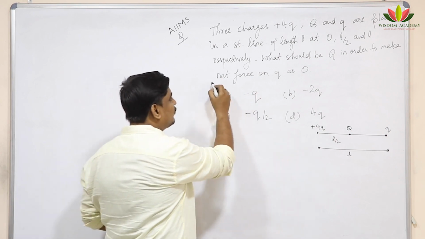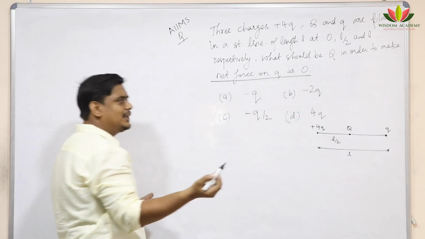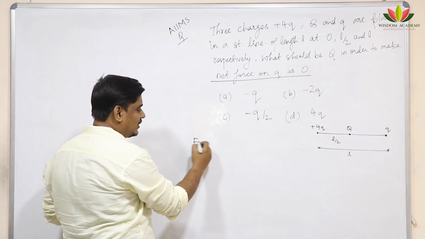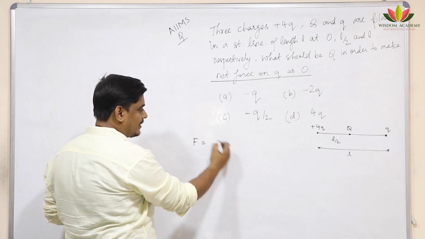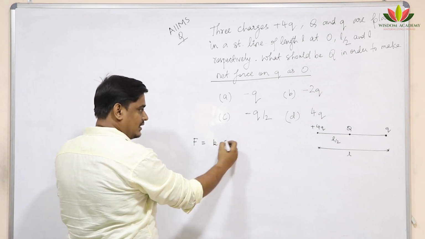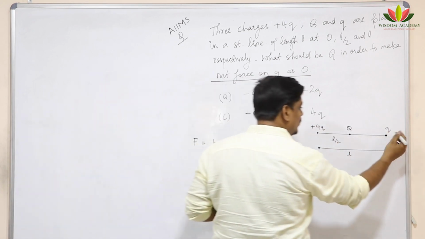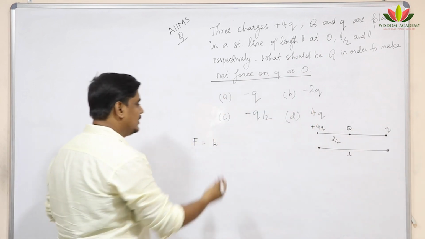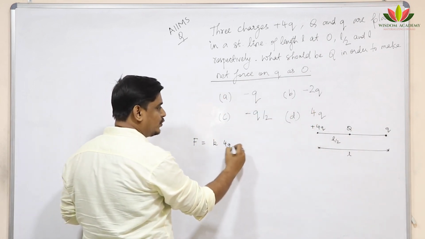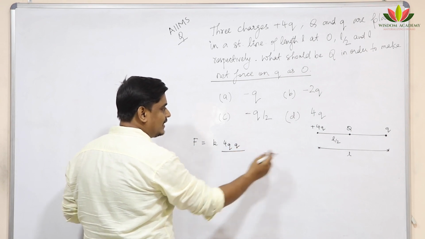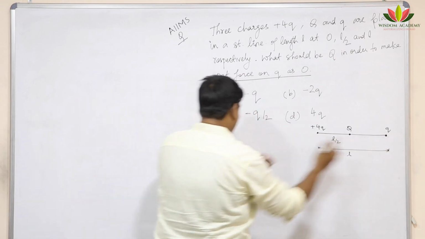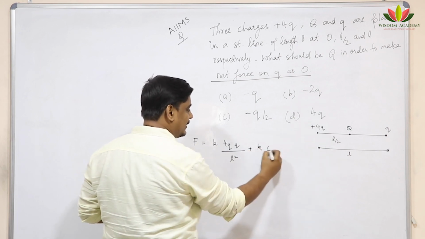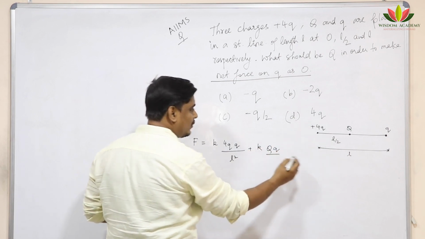Since they have given the net force on q is 0, just equate it to 0. So what is the net force on q first? These two will give a force, these two will give a force, and both will be added up. So net force on q will be equal to K 4q q by L square, since the distance between 4q and q is L, plus K capital Q small q by, what is this distance?